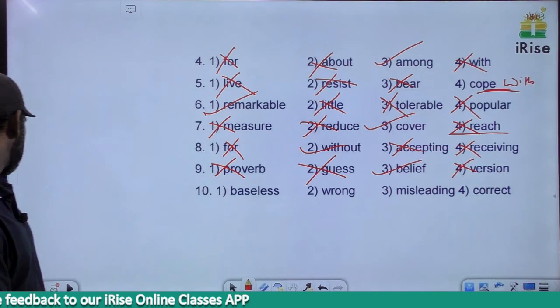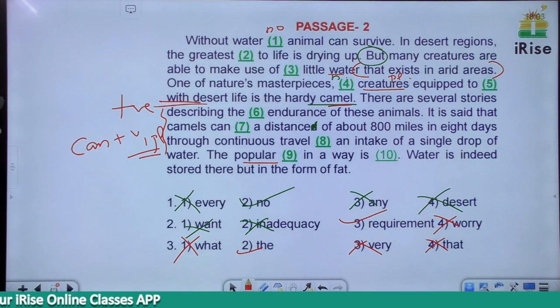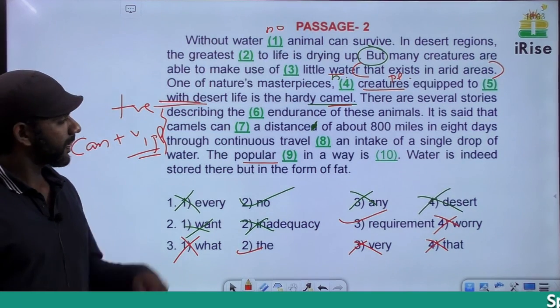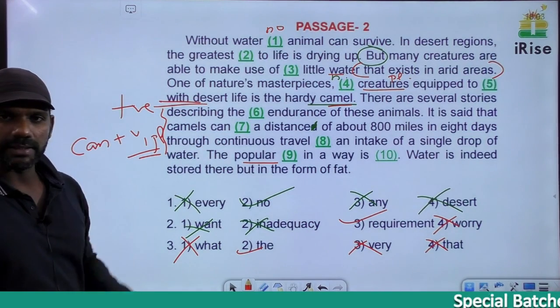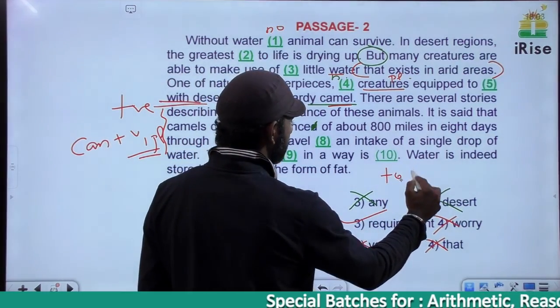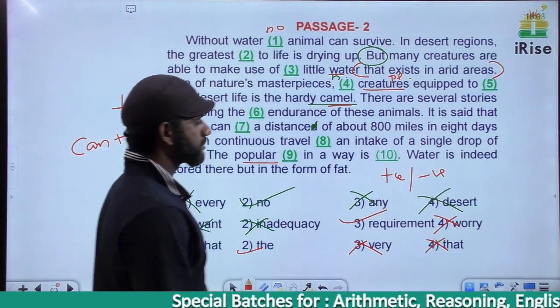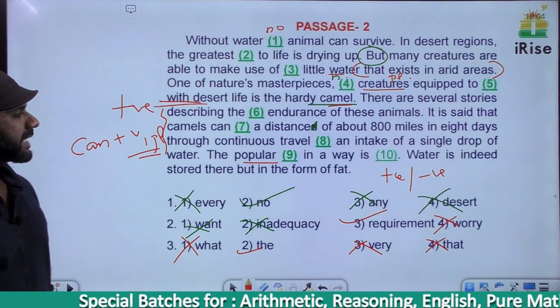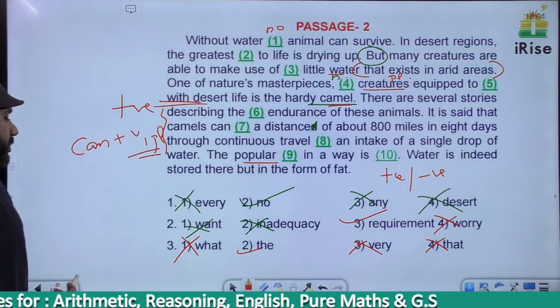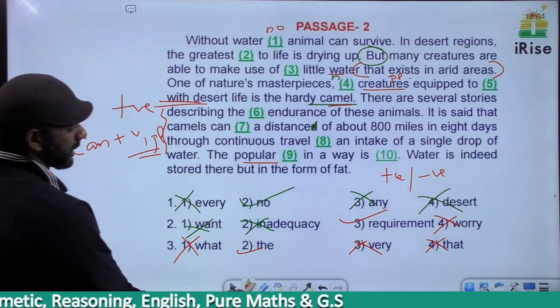The popular belief in a way is dash. Now, my question is, blank 10 must be filled with a positive word or negative word. Now, according to this context, the belief is regarding the camel, right?